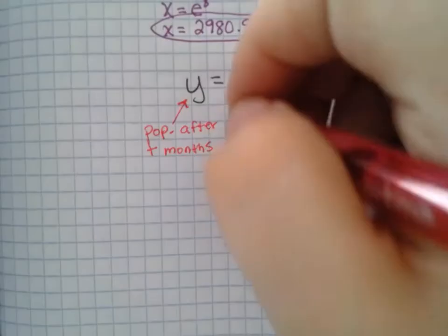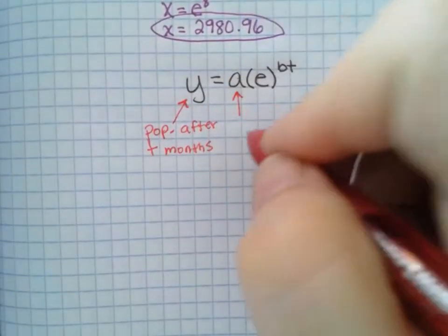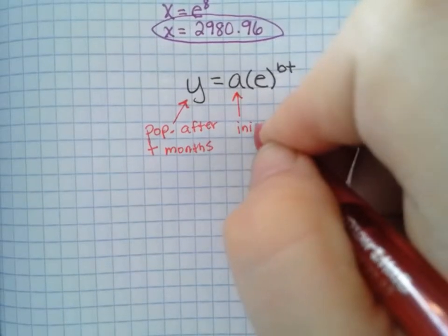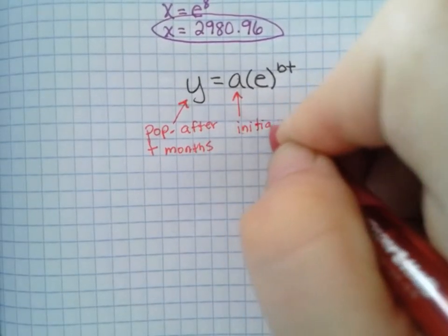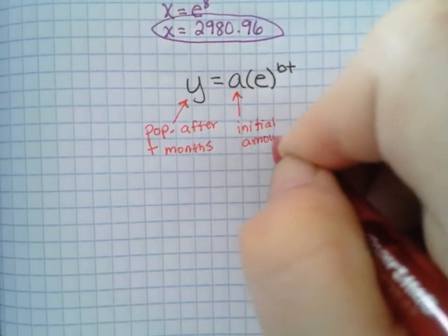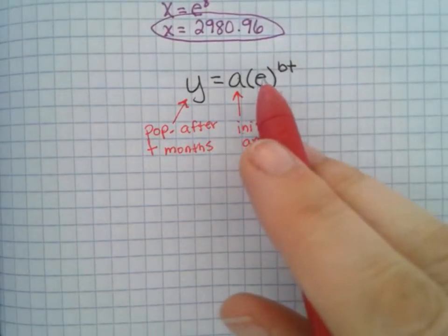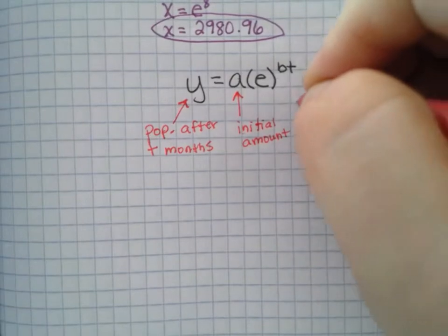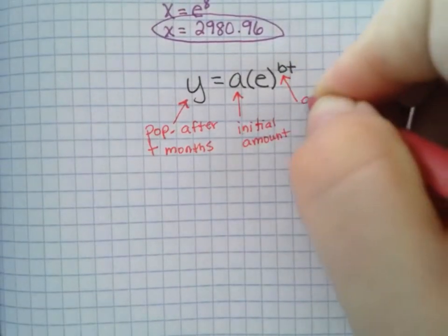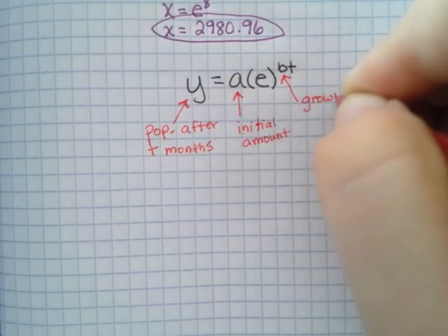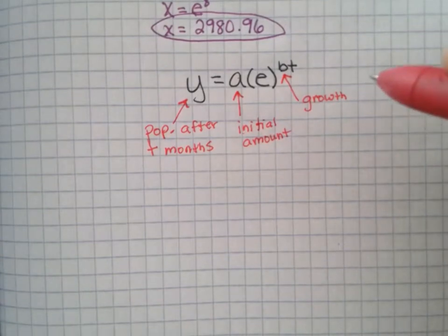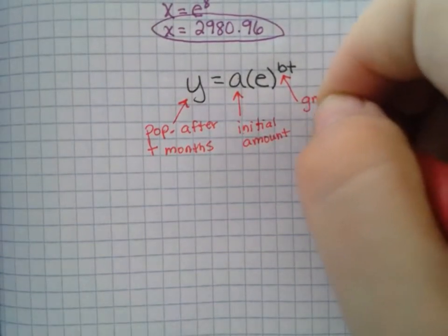a is your initial population, or initial amount, whatever you're talking about. e is just the constant e that we've been talking about. b is your growth rate. It can also be your decay rate if you're talking about radioactive materials or if something is decreasing over time.